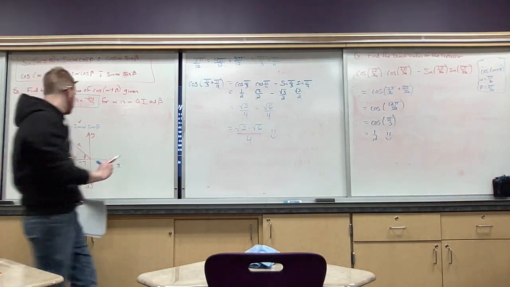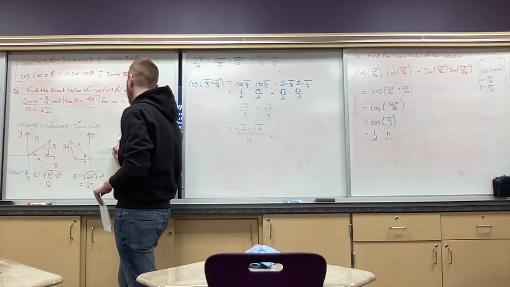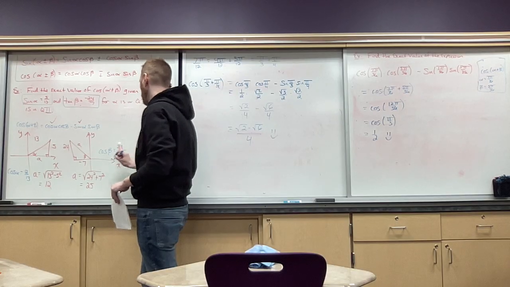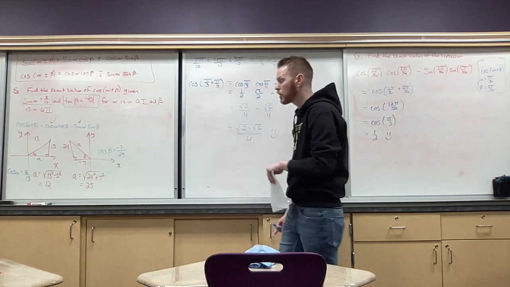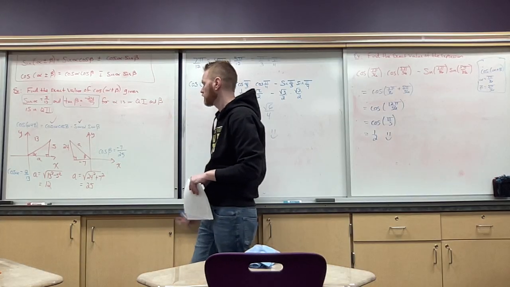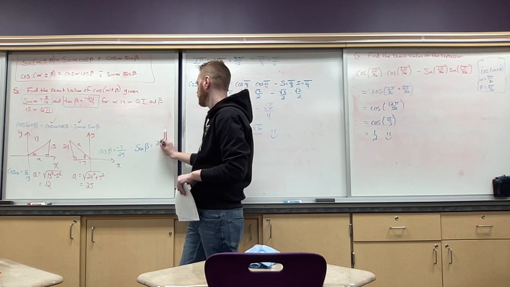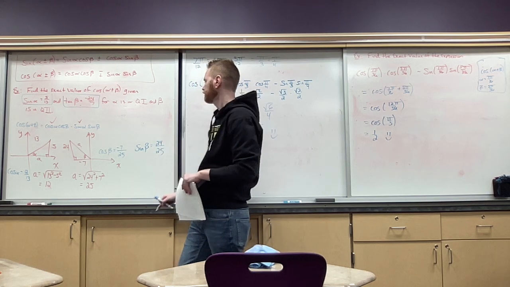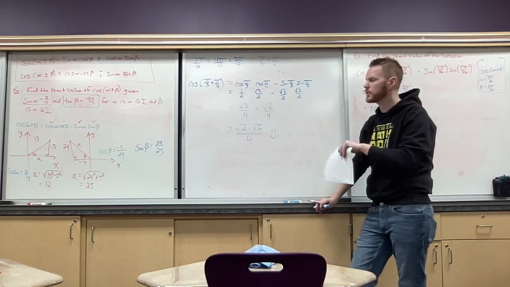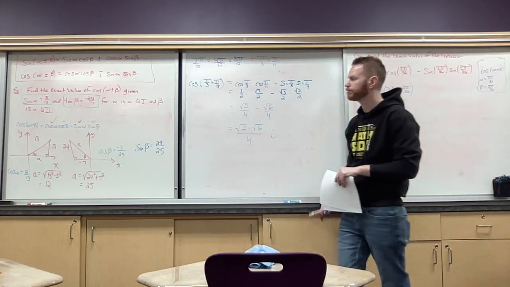So now, I'll put here, cosine of beta is going to be -7 over 25. So I need the negative in this case because we are in quadrant 2. It didn't matter for the A value, but it does matter for the trig value. And then sine of beta is going to be 24 over 25. So again, we're just using those reference triangles to find the bits and pieces of information I need.